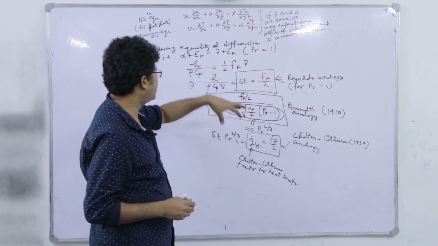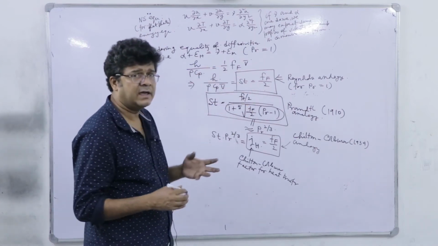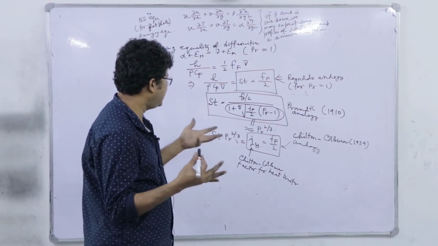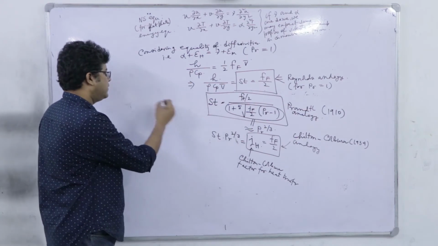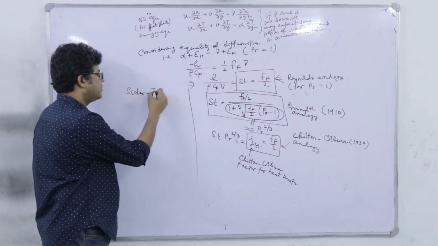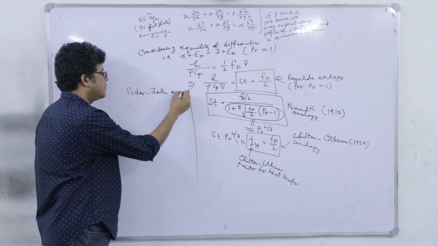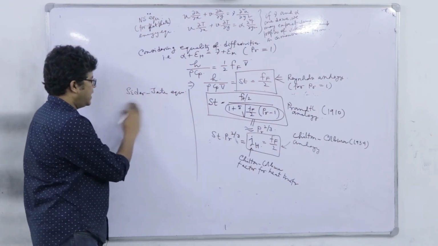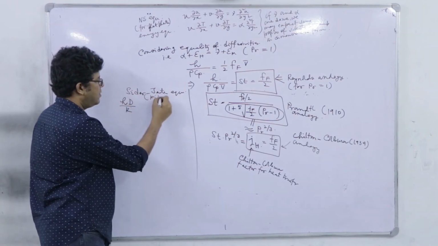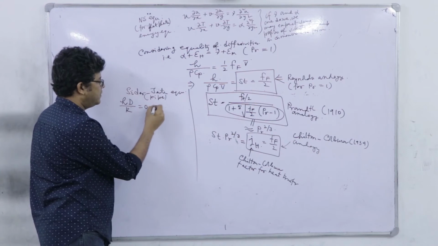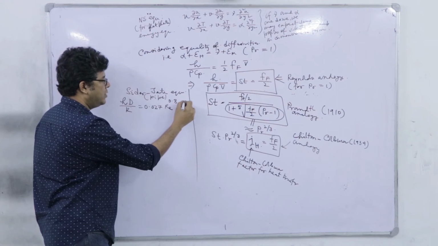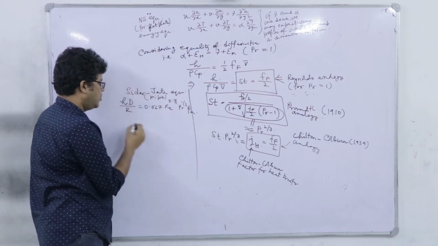This Chilton-Colburn analogy we can alternatively derive from any equation for turbulent flow. You see, for the Sieder-Tate equation, we have hd by k for pipe flow equal to 0.027 into Reynolds number to the power 0.8 into Prandtl number to the power 1/3 into phi u.